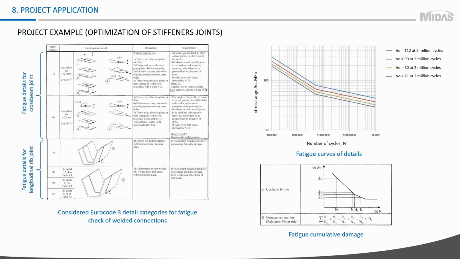And then from Eurocode, we chose fatigue detail categories for longitudinal rib joints and for cross beam joints, using fatigue curves and stress ranges from the previous calculation, and using fatigue damage summation based on the Palmgren-Miner theory the fatigue life of each detail was investigated.